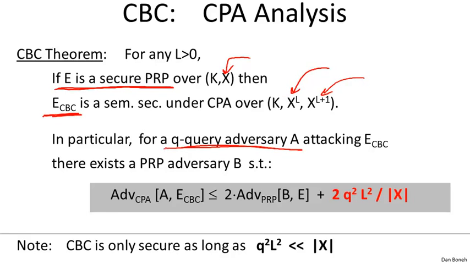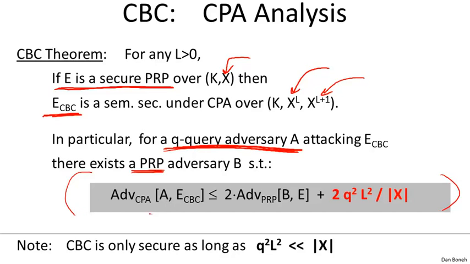Then suppose we have an adversary that makes Q chosen plaintext queries. Then we can state the following security fact: for every such adversary that's attacking eCBC, there exists an adversary that's attacking the PRP, the block cipher, with the following relation between the two algorithms.